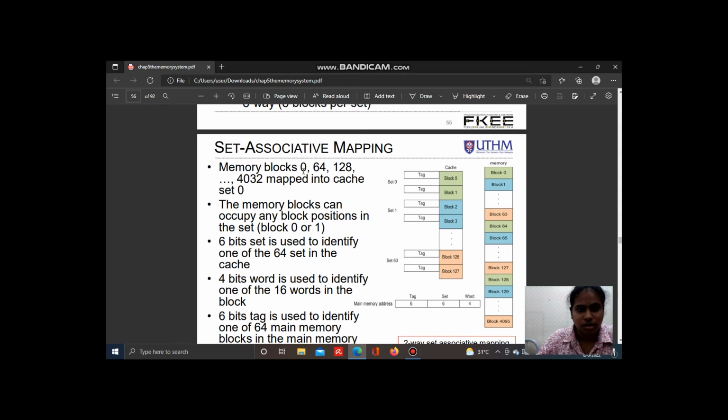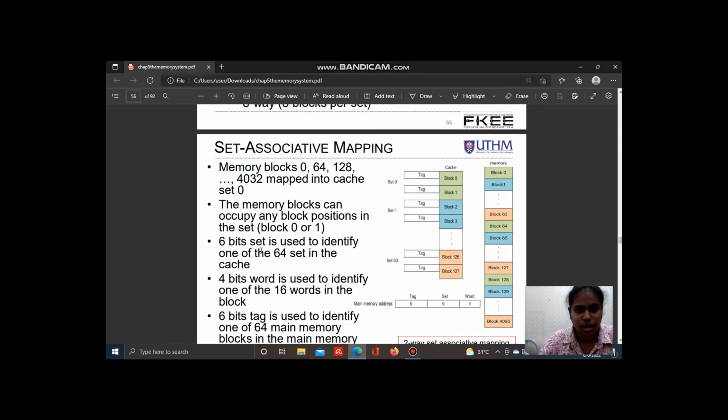Memory blocks 0, 64, 128 up to 4032 are mapped into cache set 0. The memory blocks can occupy any block position in the set, block 0 or 1.